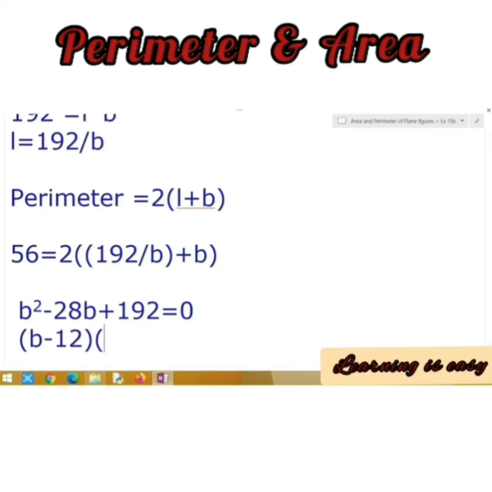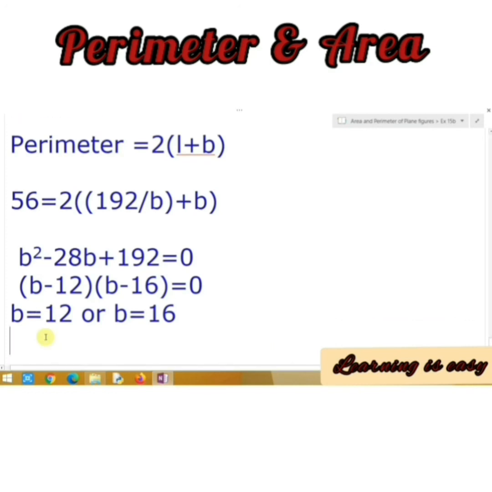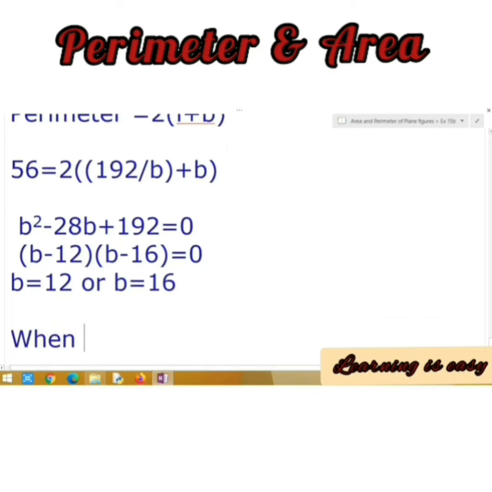So the factors are going to be minus 12 and minus 16. So B equal to 12 or B equal to 16. So these are the two possible values of breadth. With this value of breadth, we can calculate the length. So when B is 12 centimeter, length is going to be 192 divided by 12.